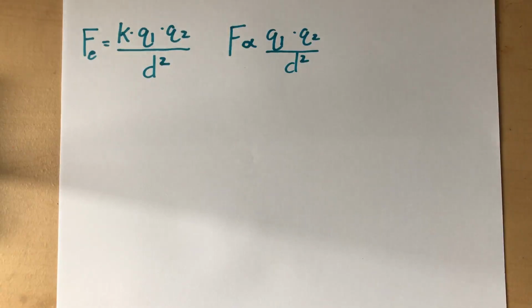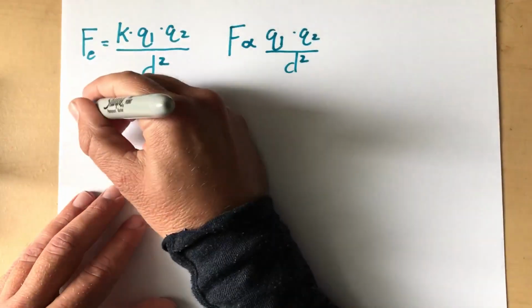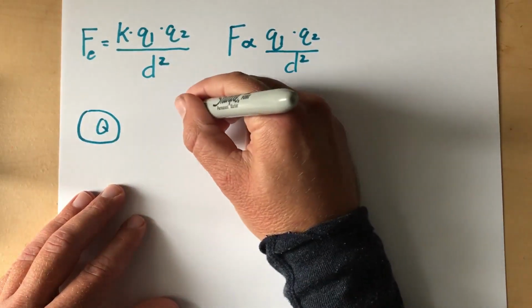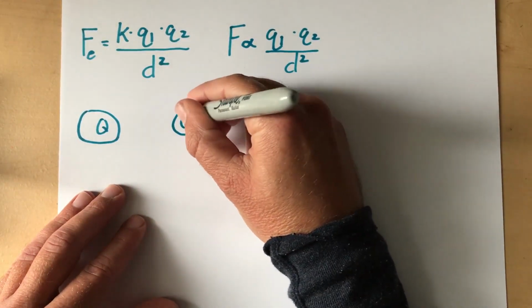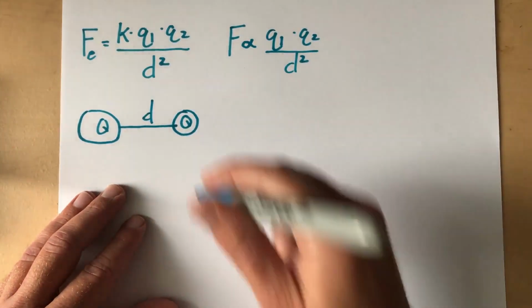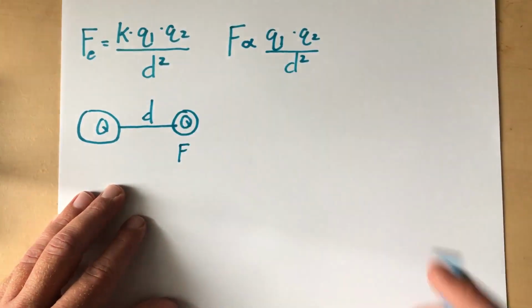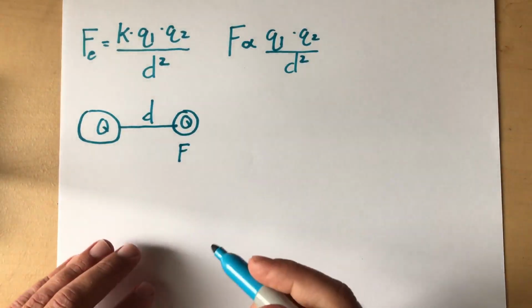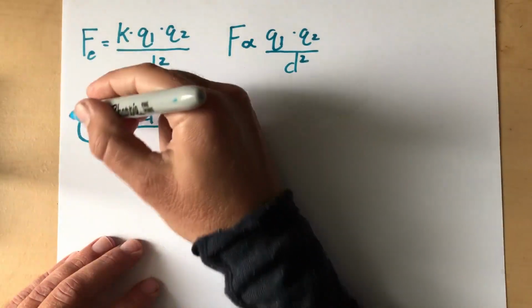So let's do a few examples here. Let's say we have a charge here, we'll call it charge Q. We have another charge here, we'll call it Q, and we'll say the distance between the two is D. And let's say the force between those charges, whether it's attractive or repulsive, it doesn't even really matter right now, is F. What if we changed one of these charges?